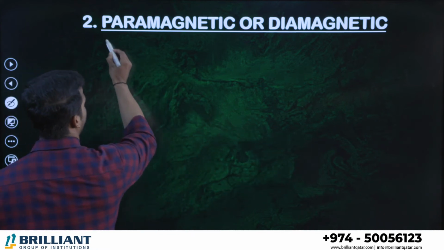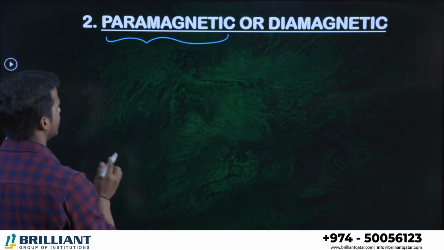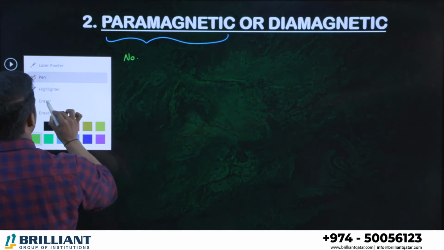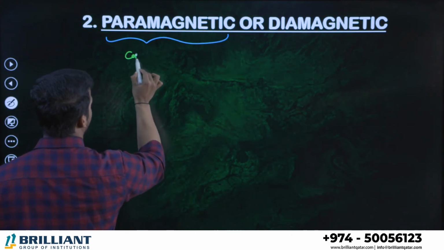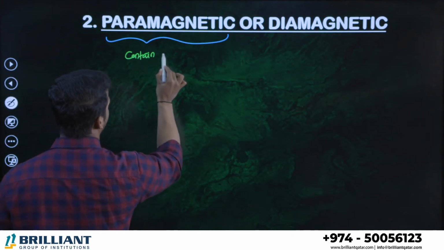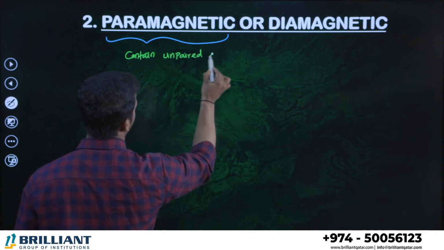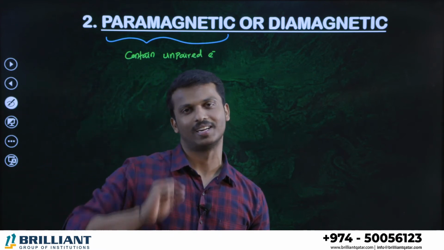What is the meaning of paramagnetic, dear all? Paramagnetic means the substance contains some unpaired electrons. A paramagnetic compound contains unpaired electrons. Unpaired electron in the sense just an odd electron, a single electron.